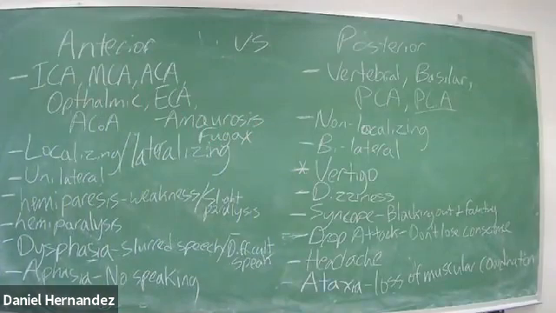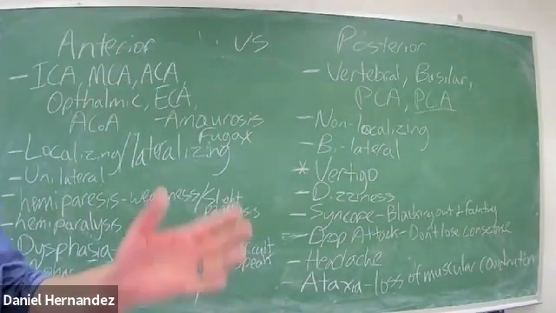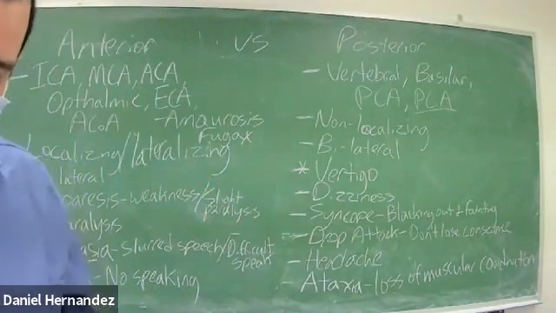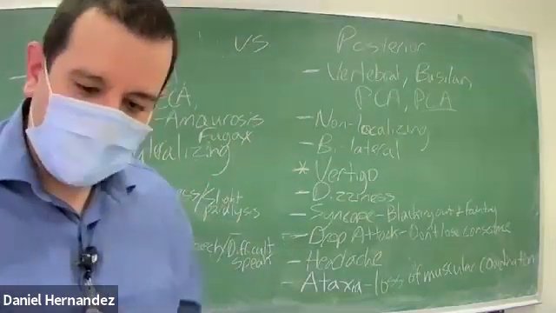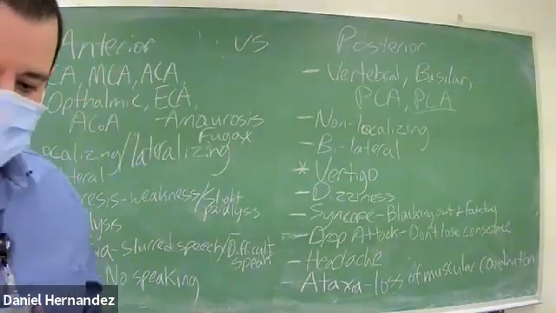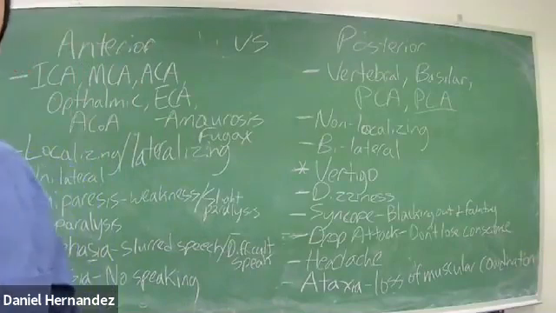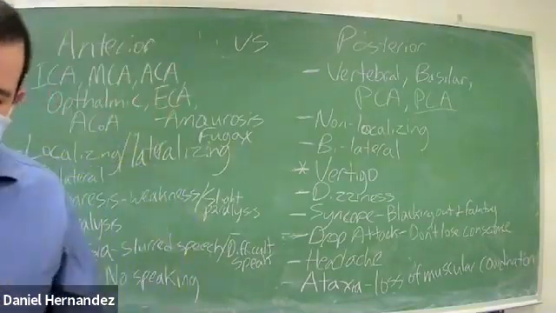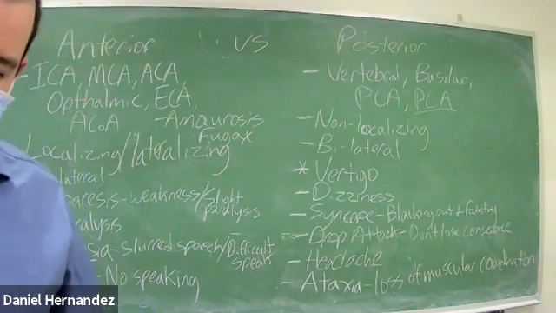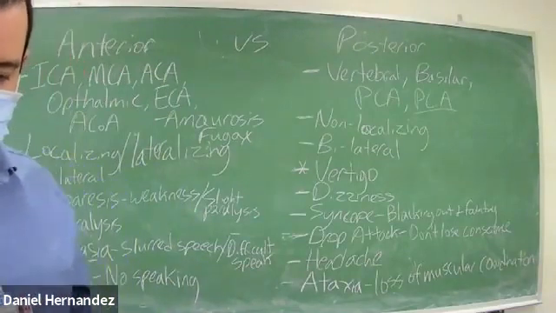So this is the temporary, partial, or total blindness of one eye. Patients typically describe a temporary vision loss as a shade coming down over the eye. And it's typically due to a lesion in the ipsilateral carotid artery.